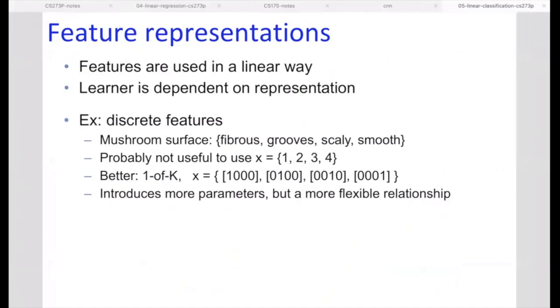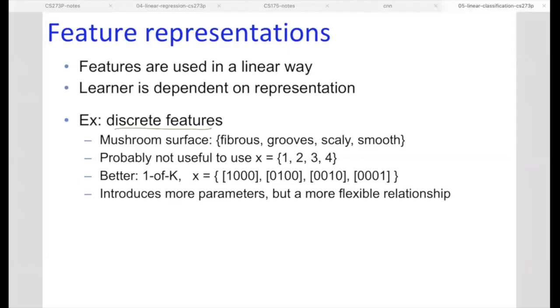All right, another thing I want to comment on is how you represent the features here. In many cases, just like in the linear regression case, the features themselves are categorical. They're not necessarily always continuous numbers. In real applications, you might see many discrete features.